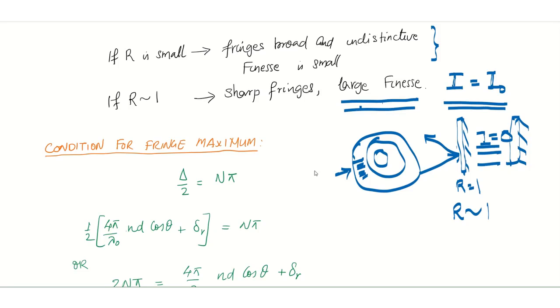You have to understand that this is an intensity redistribution. There will be very broad dark fringes there, but whatever intensity is transmitted will be concentrated on bright fringes, and as R goes up and up, these fringes will become narrow.